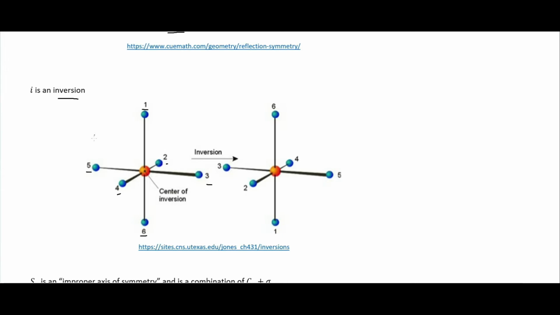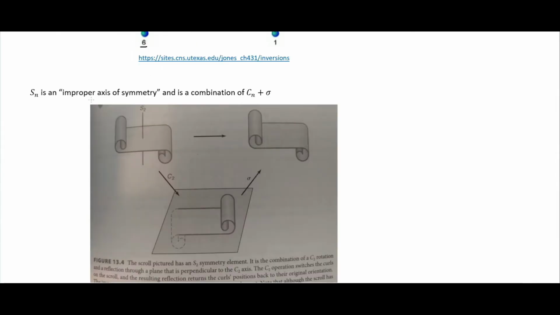It's like each one of these spokes, or chemical bonds, as you would use it in chemistry, are all getting pulled in at the same time, and then moving back out on the other side. So the whole thing is being inverted, and that is denoted with just a lowercase i.